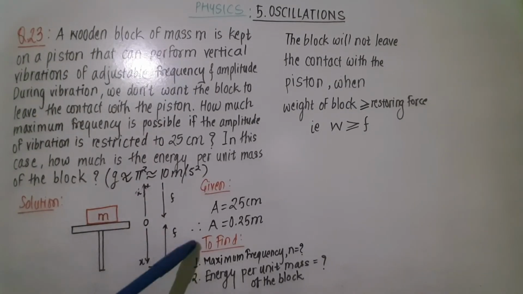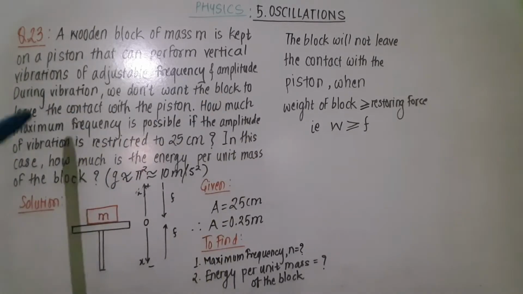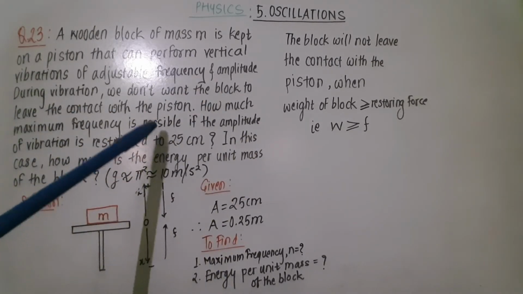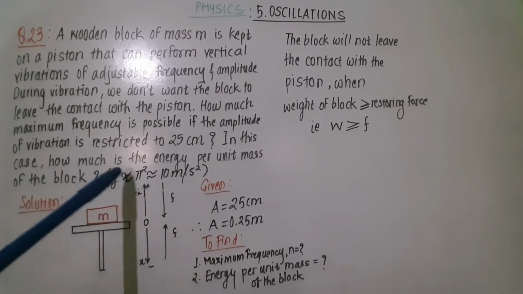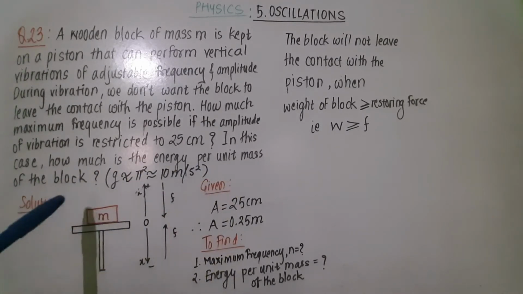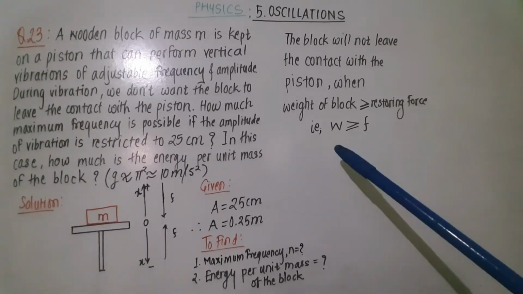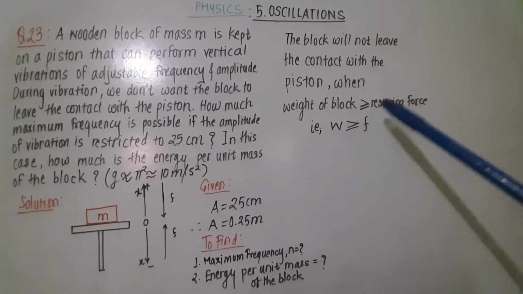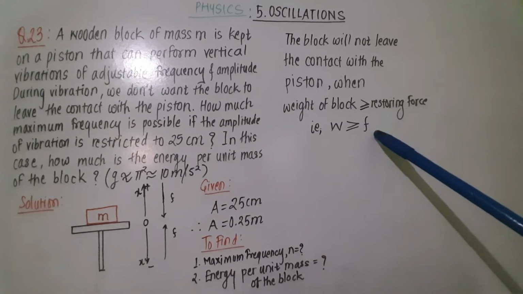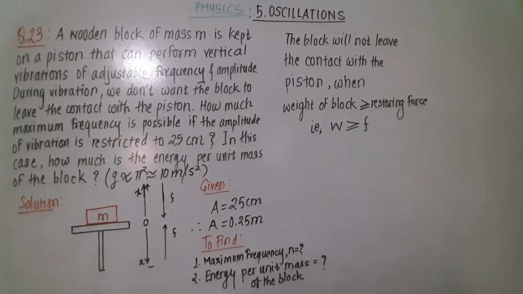And we are asked to find how much maximum frequency is possible. First one. And second one, how much is the energy per unit mass of the block. Now here, weight of the block W is equal to mg. And we know that restoring force acting on the block is equal to kx in magnitude.